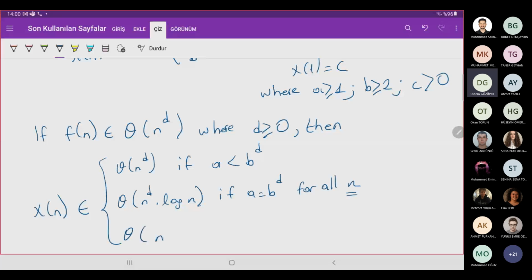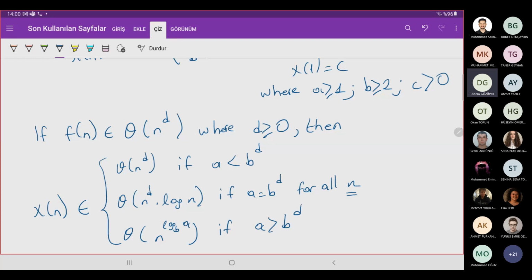And it's theta(n to the power log_b a) if a is greater than b to the power d, okay? This is what the master theorem tells us.